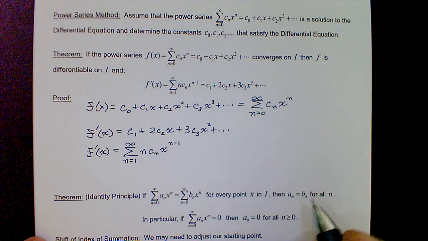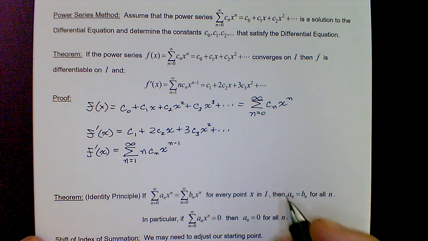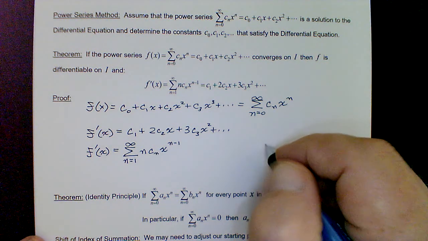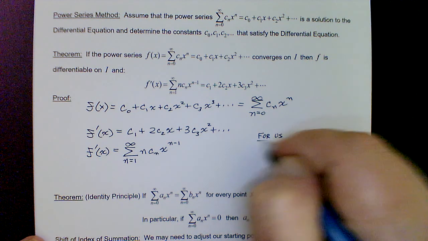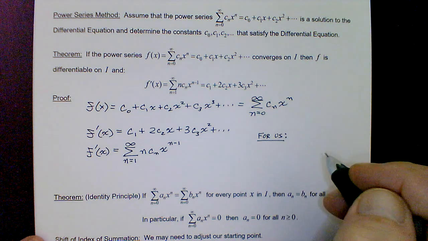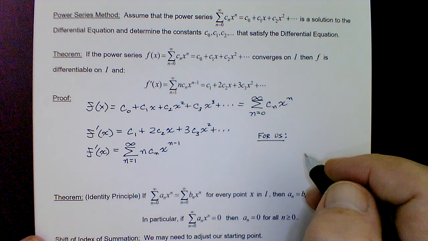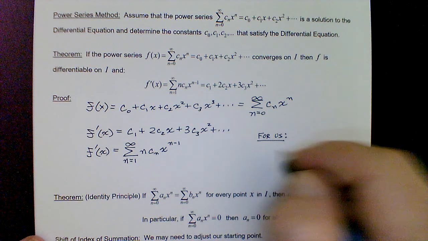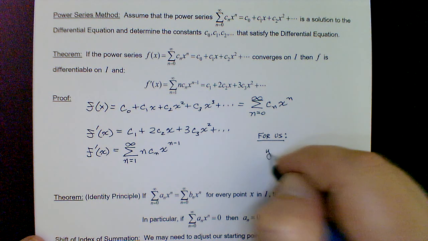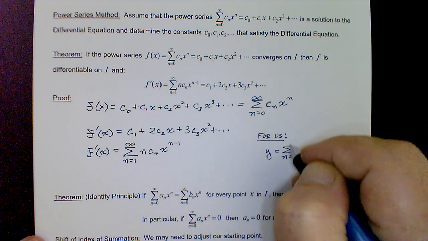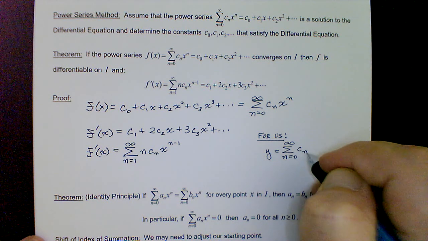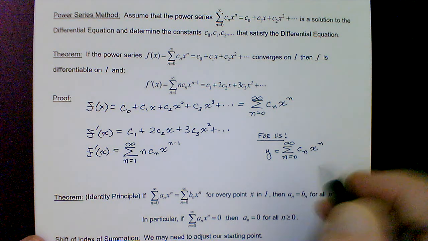So basically, for our purposes, as we'll see on the next page when we do an example, we're going to be saying that y equals the sum as n goes from 0 to infinity of c sub n x to the n is a solution.